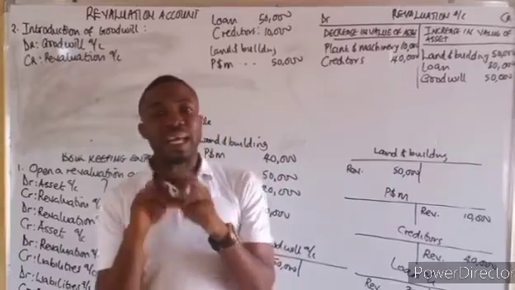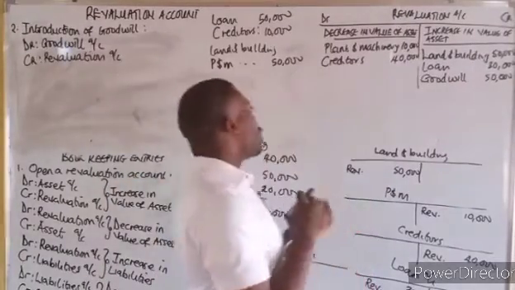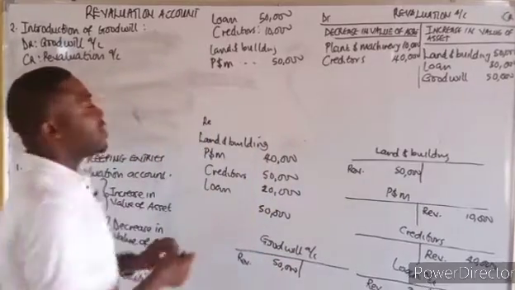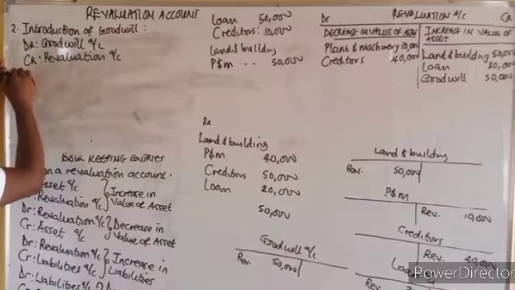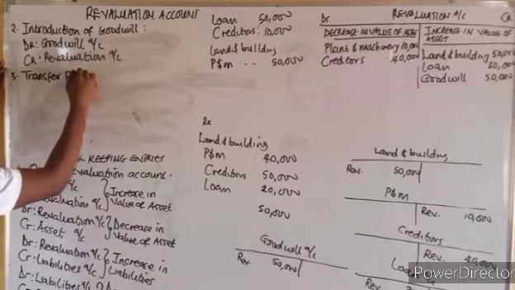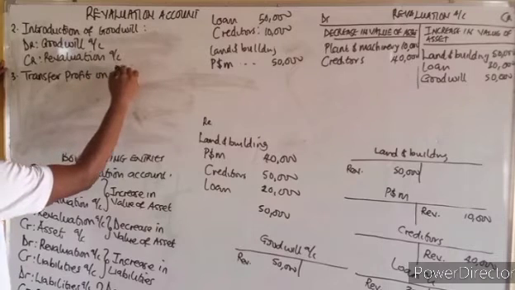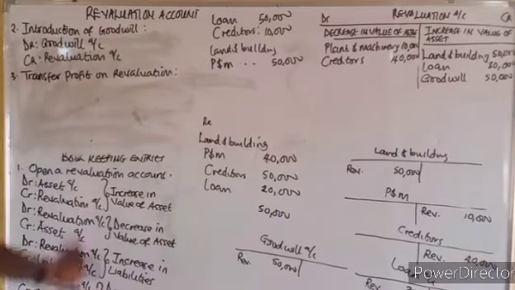You see, that was what we said, the essence of the introduction or the revaluation of the assets. So in this situation, now let's say transfer profit on revaluation. That's when there's profit on revaluation.